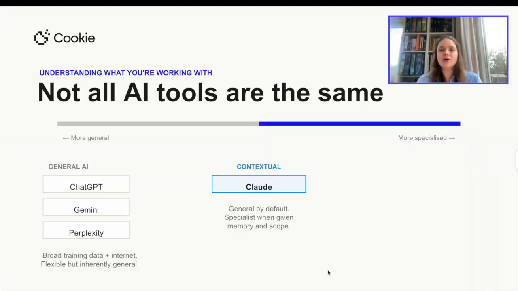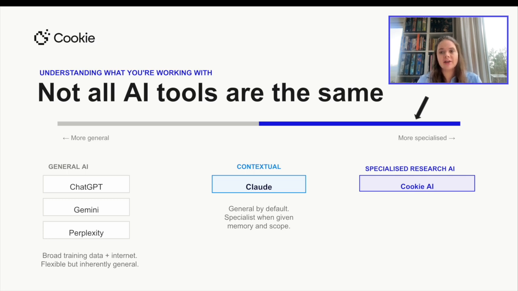At one end, you have general AI tools, ChatGPT, Gemini, Perplexity, built to answer almost anything, drawing on broad training data and the open internet. Incredibly flexible, inherently general. At the other end are specialized research tools.